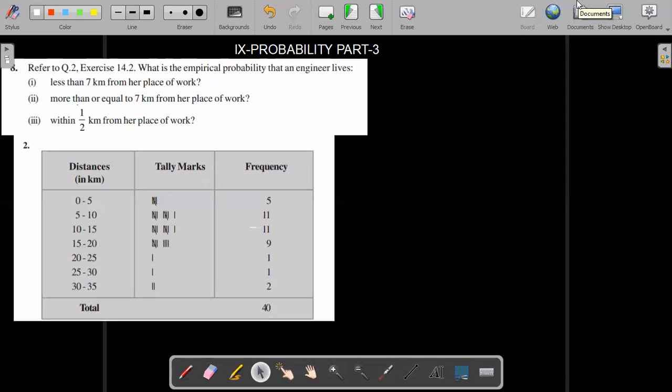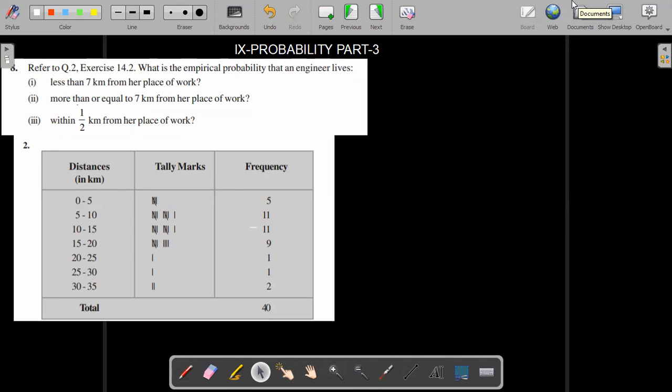Now you can see the question is based on the solution of question number 2 of 14.2, that is here.